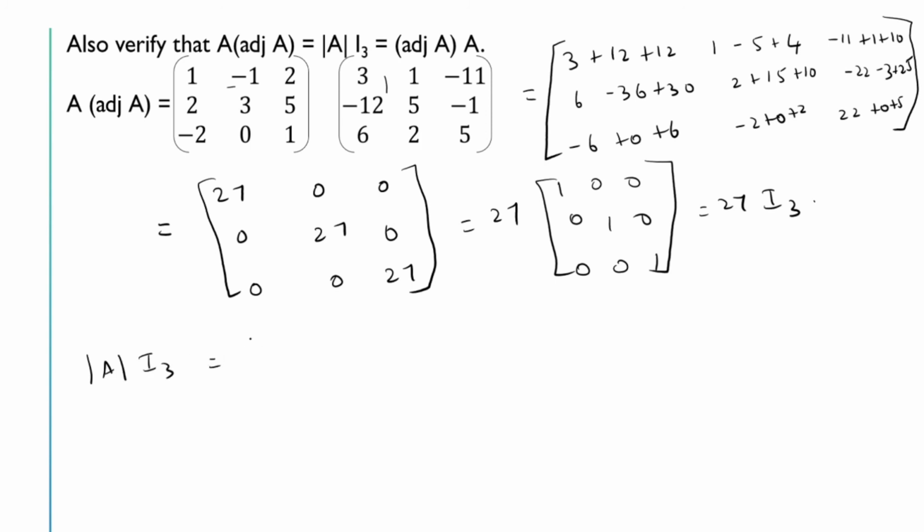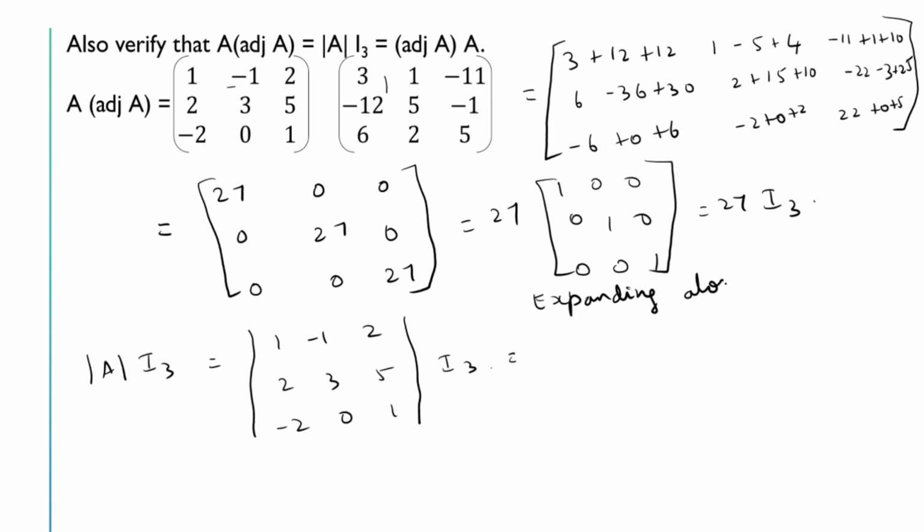So it is equal to determinant of 1, minus 1, 2, 2, 3, 5, minus 2, 0, 1, into I3. So this is equal to expanding along R1.